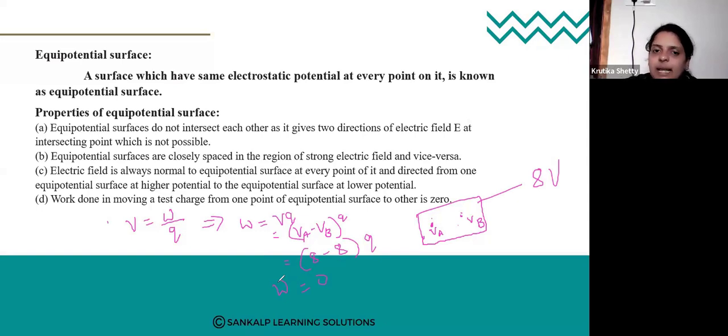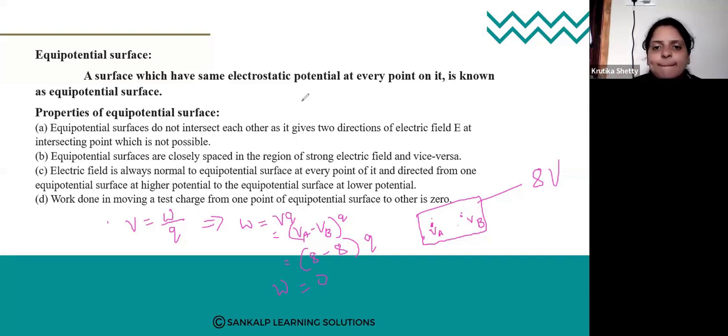So with the example I have given, how do you need to explain in the exam? On the equipotential surface, as the potential values are equal at each and every point, the potential difference will be 0. When the potential difference is 0, the work done will be 0 for the equipotential surface. Clear? So to justify the fourth point, take the help of the definition.